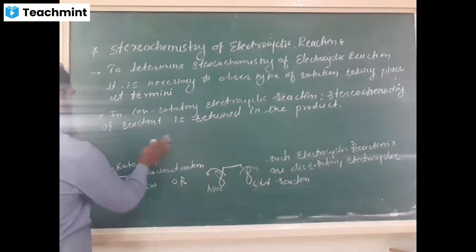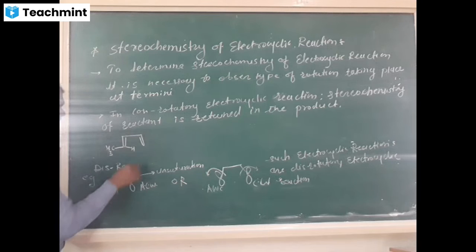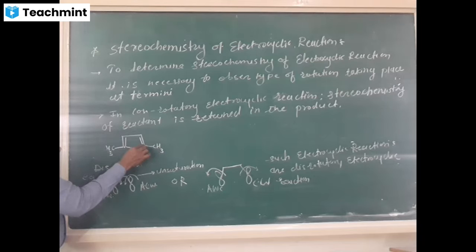For example, here this is a methyl group, this is a methyl group, and suppose this is a diene. On this diene these are the termini of unsaturation, and here it has proper substituents CH3 and H, here also H and CH3. So at the termini of unsaturation, both substituents are different.